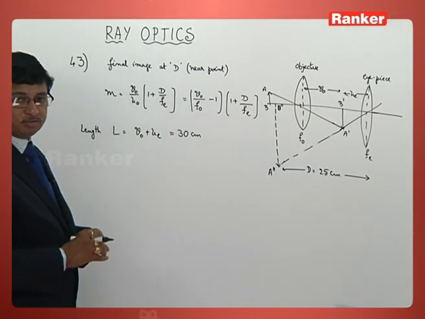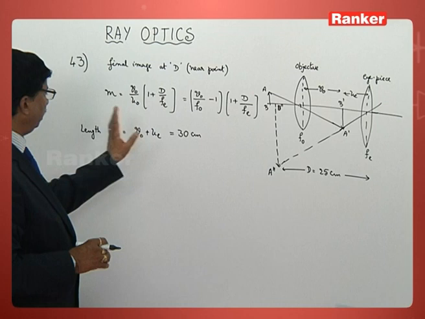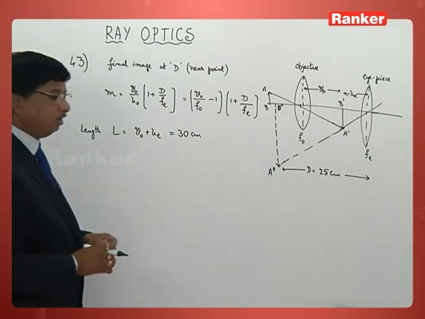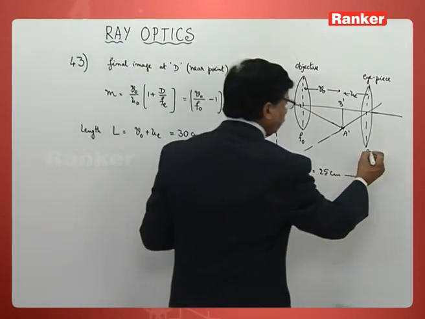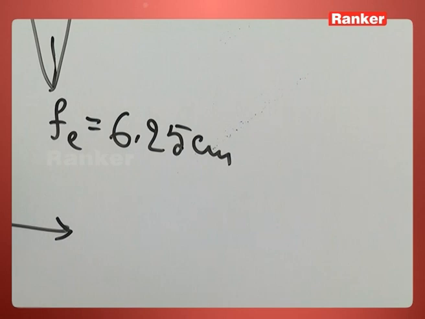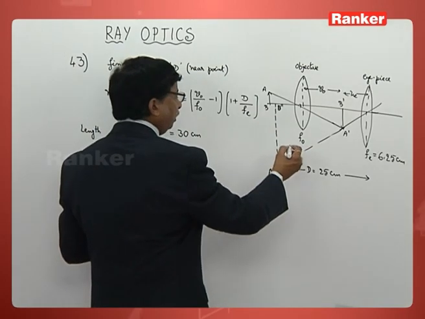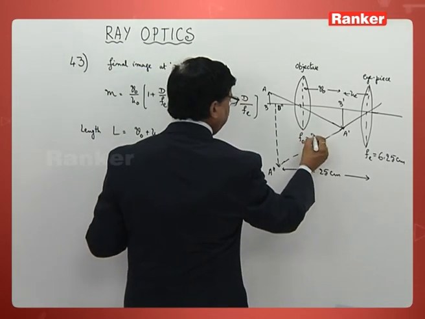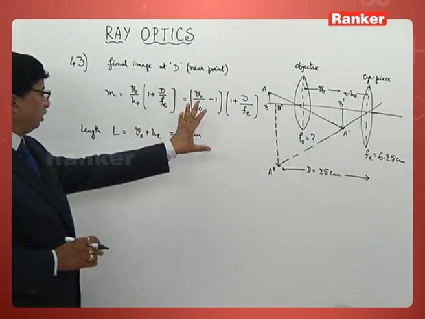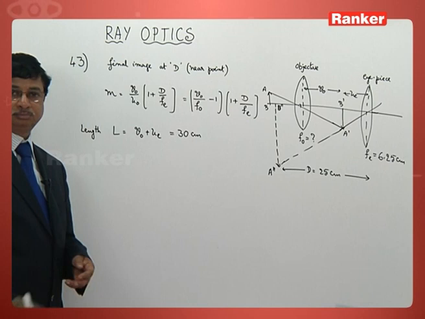And what is the question? The focal length of the eyepiece is also given, and it is 6.25 centimeter. What is the focal length of the objective? That is the question he is asking, and that is what is to be calculated.